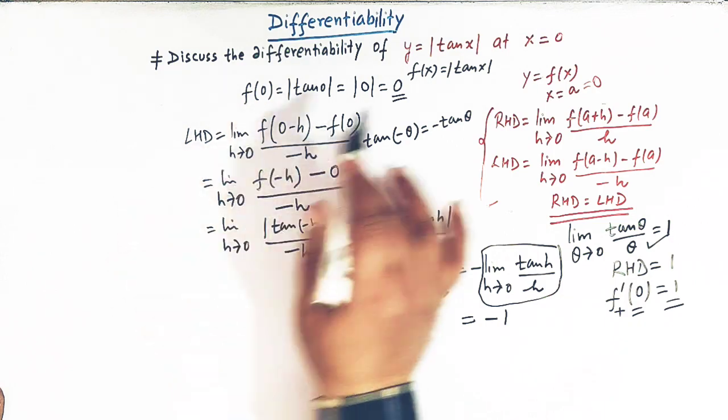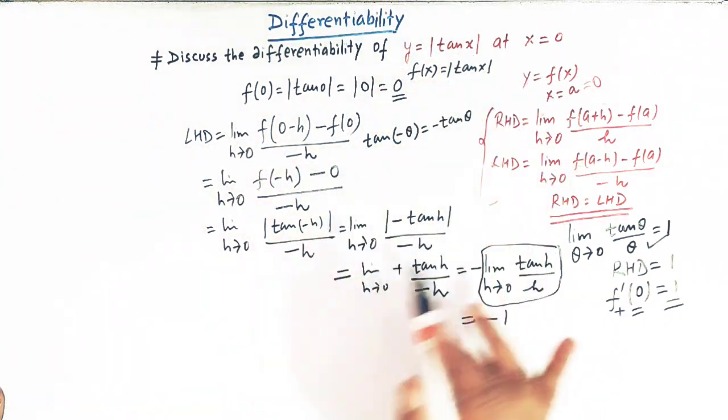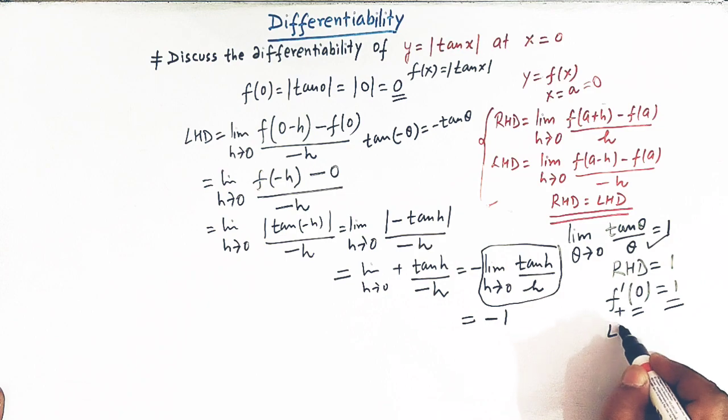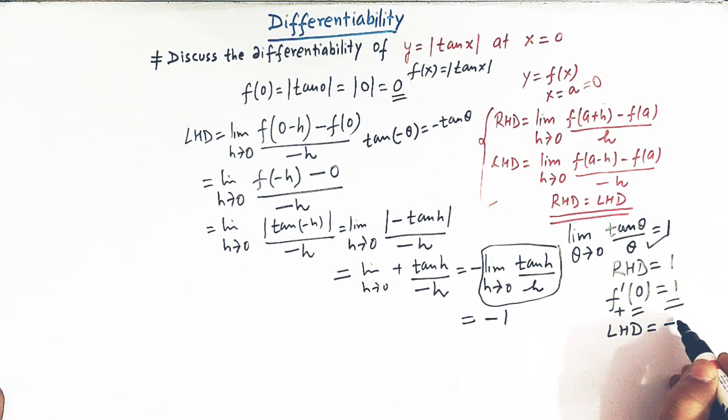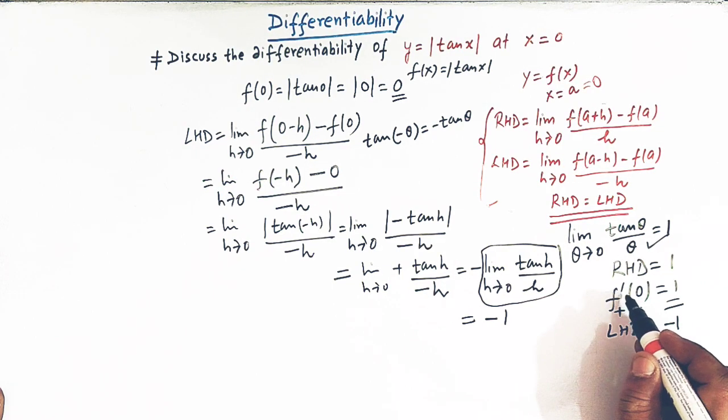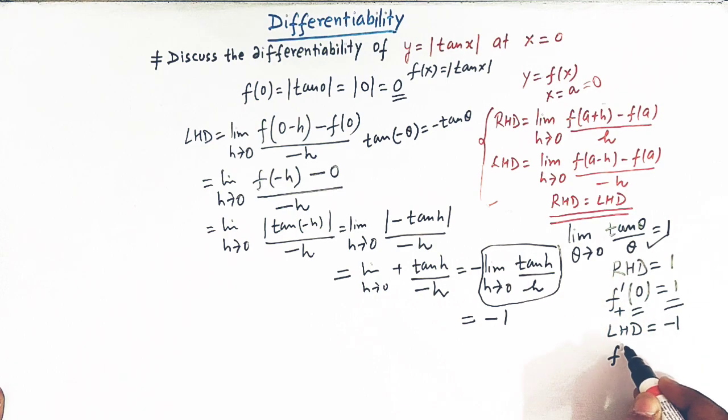So the left hand derivative of mod of tan x at x equal to 0 is negative 1, and the notation for the left hand derivative is f prime of 0 with a negative sign, which is minus 1.